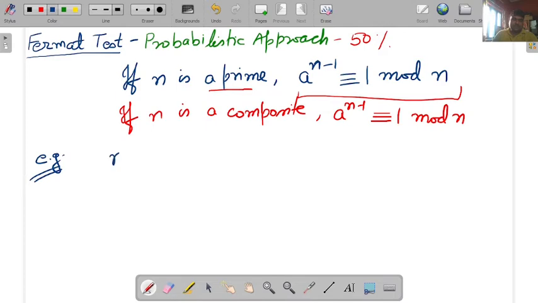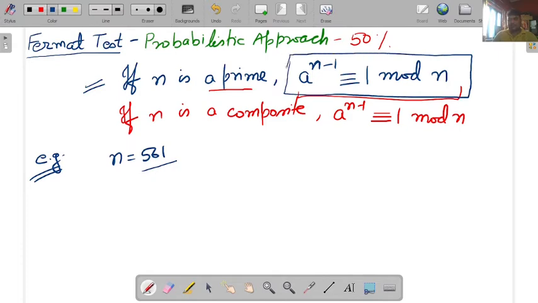Example: let n equal 561, and we are interested in whether 561 is a prime number or not. By this first equation, if n is prime, it should satisfy a to the power n minus 1. Here we take a equal to 2 because we are working in the binary number system.